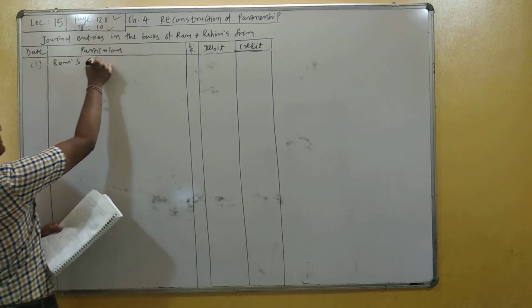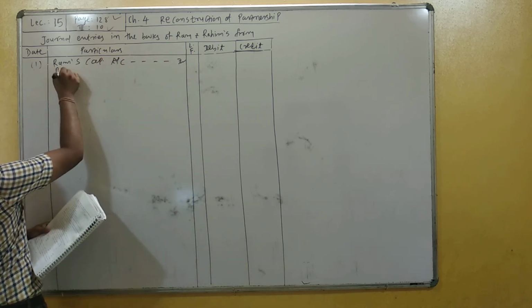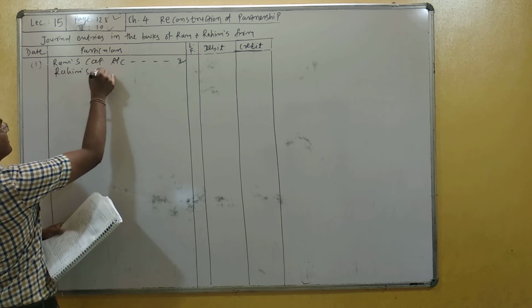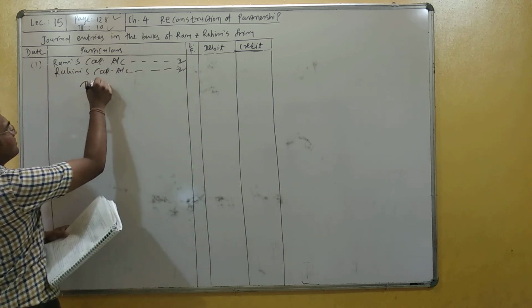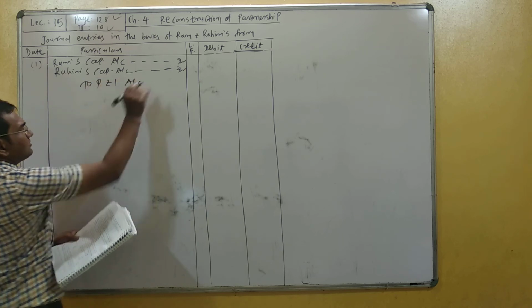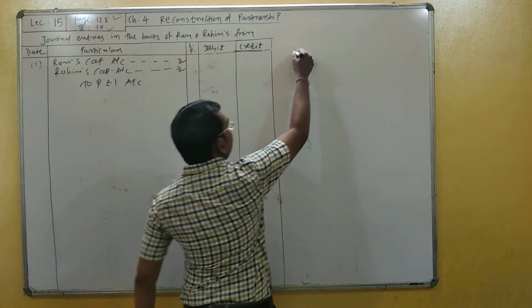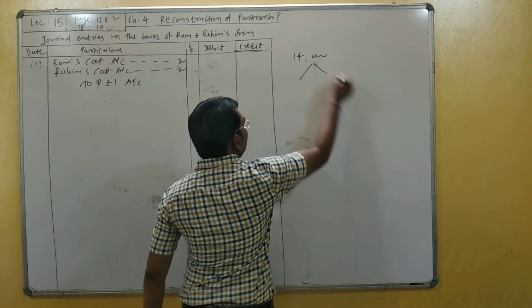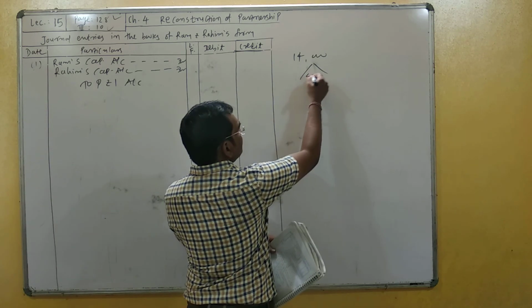Ram's capital account debit, Rahim's capital account debit to profit and loss account, P&L account. Total balance of profit and loss account is 14,000 and the profit sharing ratio between partners is 4:3.